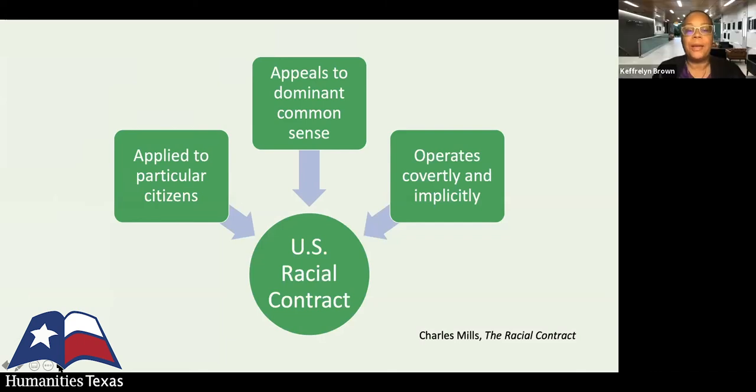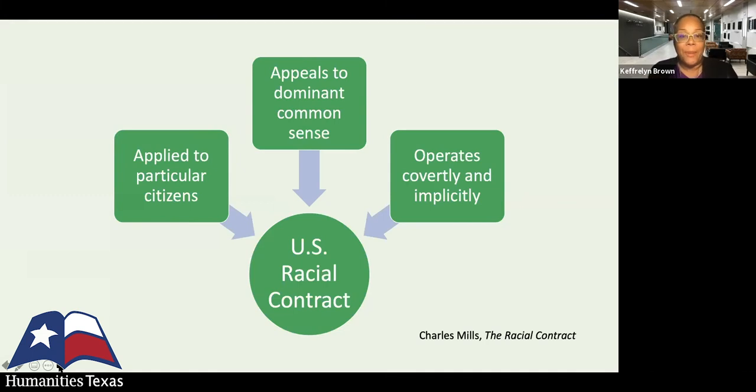Okay, so if we think about the US racial contract, if we live in a society, there's a social contract that implicitly lays out how individuals are supposed to interact and engage with one another, and how their country will also engage with them. The US racial contract argues that there are other kinds of practices that are racialized that exist alongside that social contract.